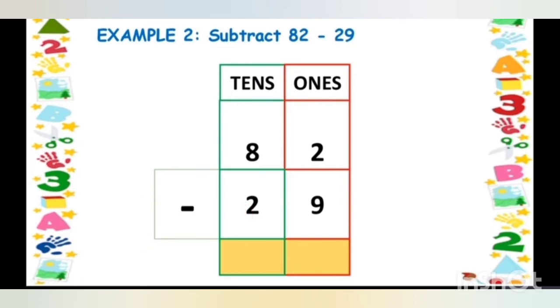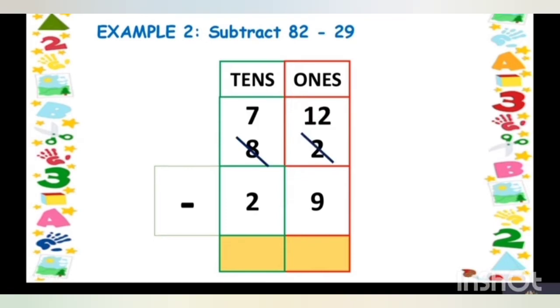Dear children, now starting from the right hand side, subtract the numbers that are in ones place. Here, now what will we do? As you can see, the minuend is smaller than the subtrahend. So again here we will take 1 borrow from 8.